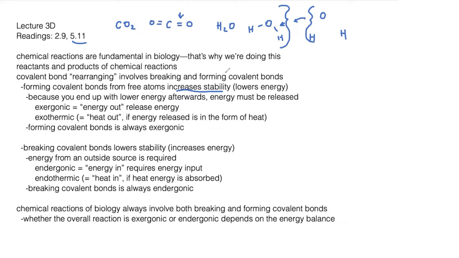That never really happens. The number of covalent bonds is always going to be the same. Okay? What's different are the bonds that are there. Basically, in order to make a chemical reaction move forward, some people would say we're rearranging the bonds, right? Breaking some and forming other covalent bonds.